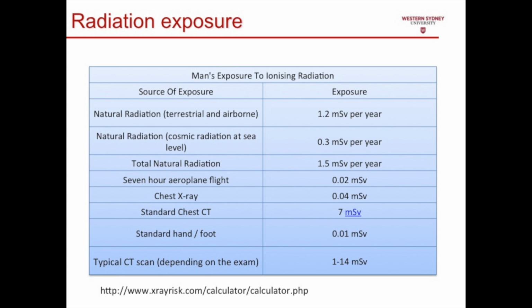In terms of different diagnostic investigations, typically they will involve doses between 0.02 millisieverts, which is the equivalent for a chest x-ray, up to 10 millisieverts for the CT of an abdomen, which means that a chest x-ray would equate to around 3 days of background radiation exposure, whereas a CT scan of the abdomen would be equivalent to exposure over around 4.5 years.